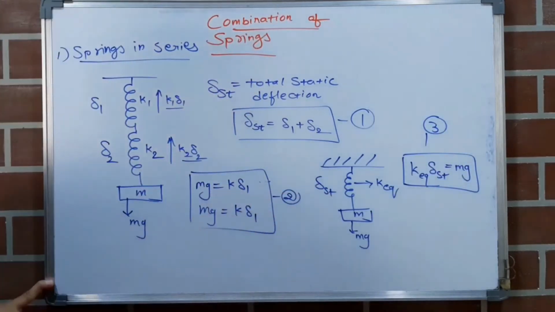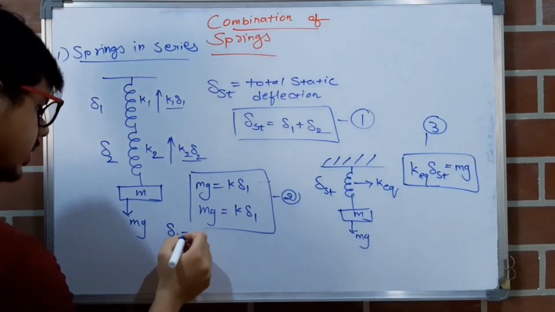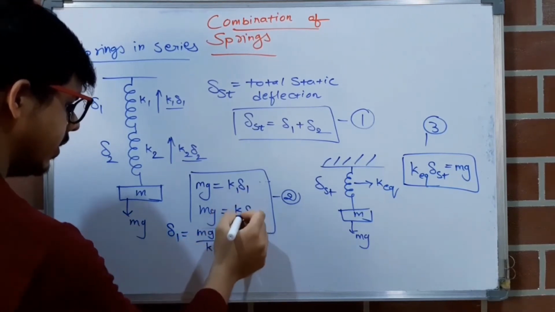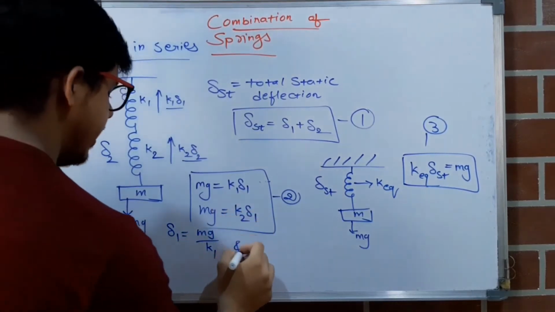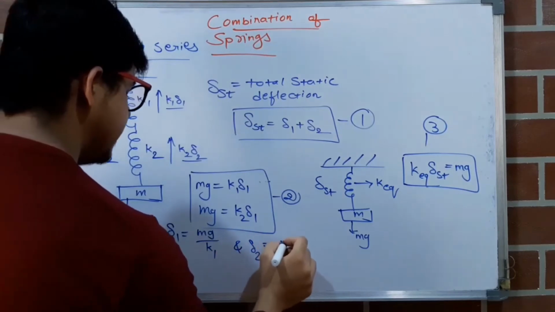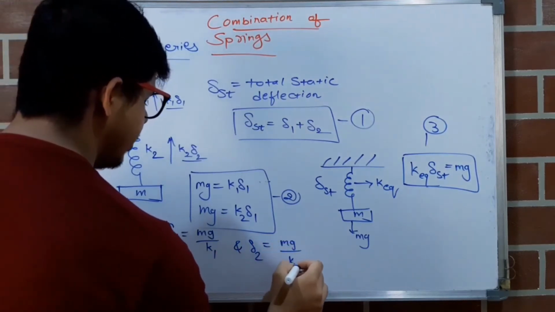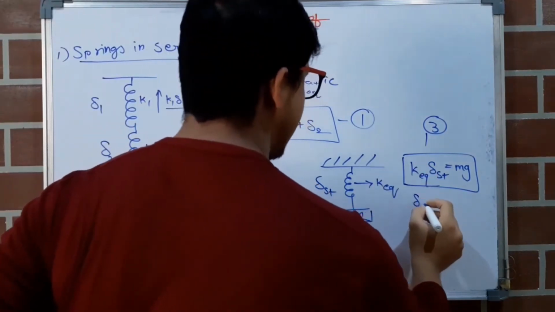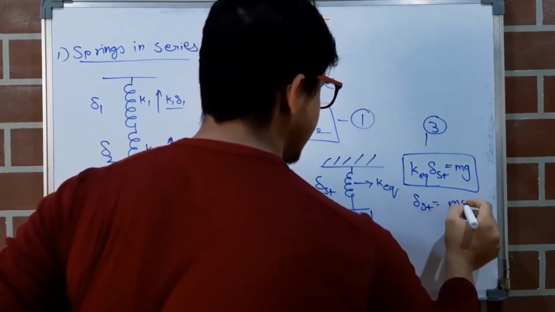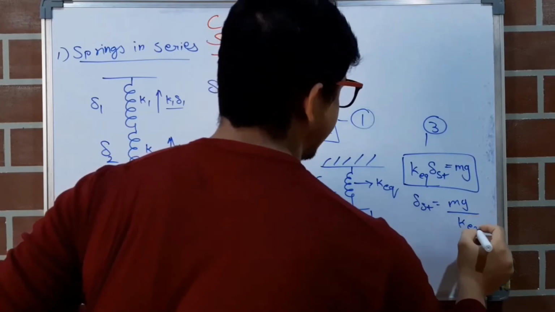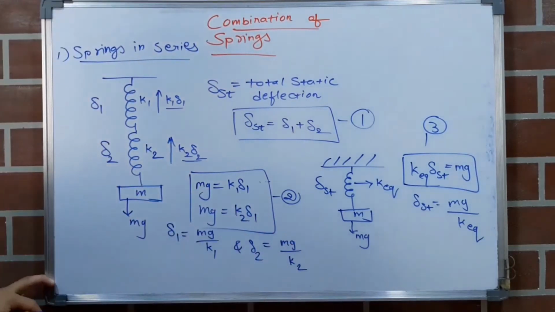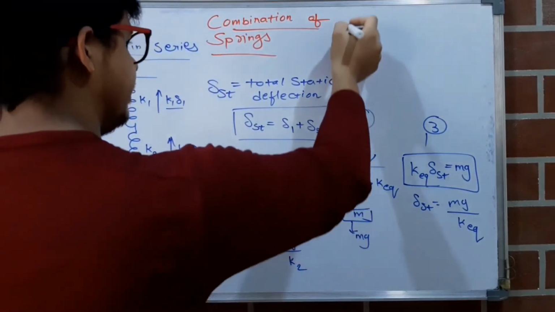Now from equation 2, we get delta 1 equals mg divided by K1 and delta 2 equals mg divided by K2. And from equation 3, we get delta St equals mg divided by K equivalent. Now we put the values of delta St, delta 1 and delta 2 in equation number 1.